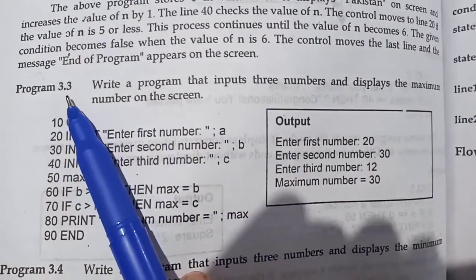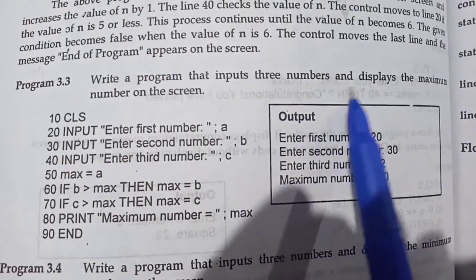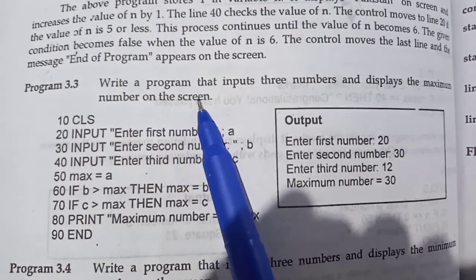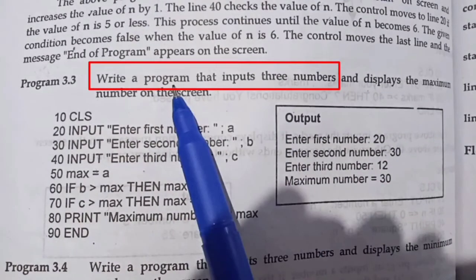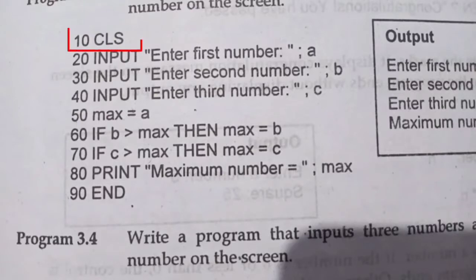Program 3.3. Write a program that inputs 3 numbers and displays the maximum number on the screen. In this program, we use the input statement 3 times to input the numbers one by one. In line 10, we use the CLS command to clear the screen.